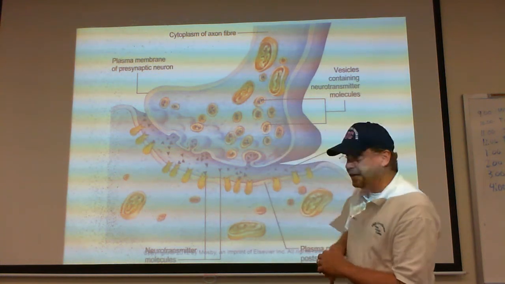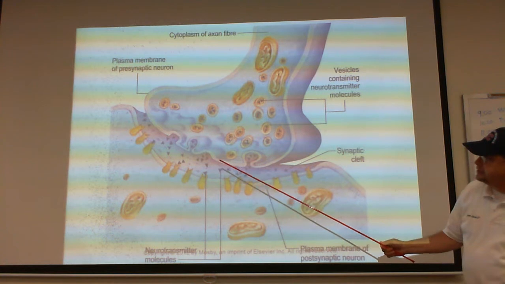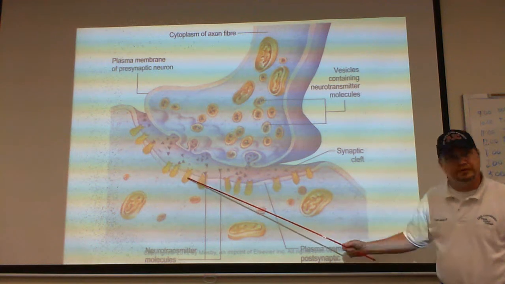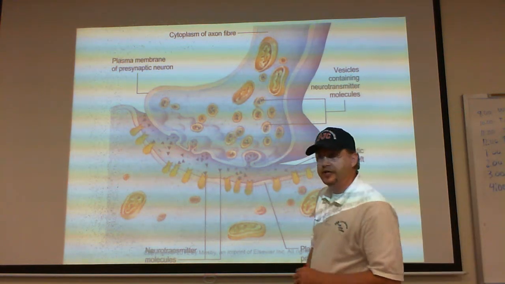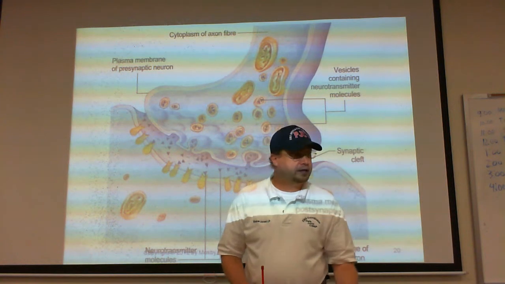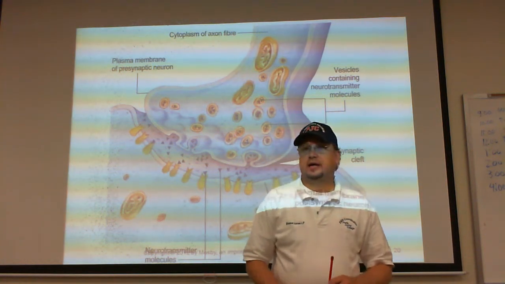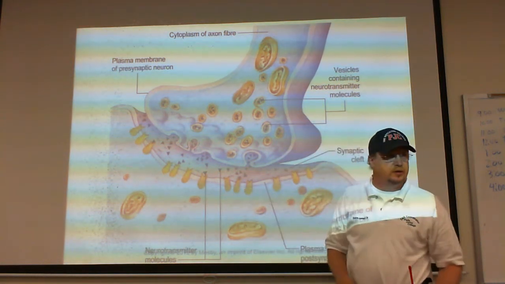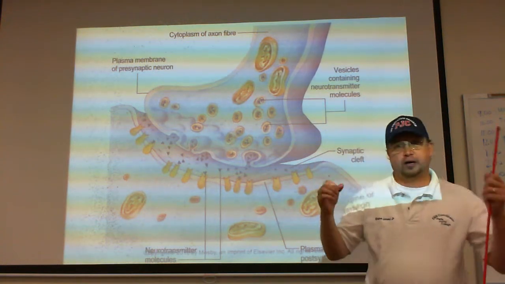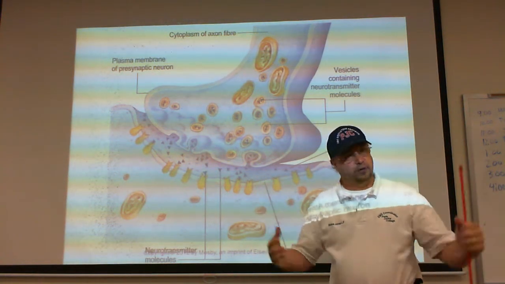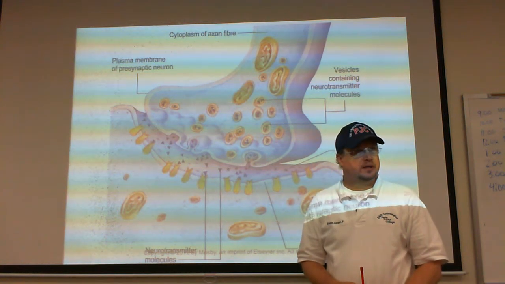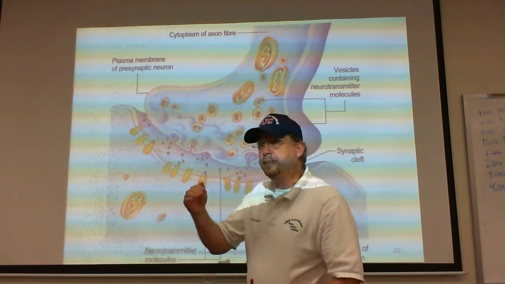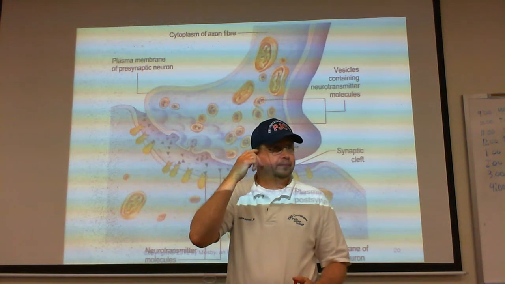You will have a release of norepinephrine in that area, and it would cross the synapse here and attach to which receptors? A1. Those will be alpha 1 receptors. That's correct. And as the norepinephrine attaches to the alpha 1 receptors, that would cause the smooth muscles in the vasculature, like the vasculature in the skin, to constrict. And by constricting, it would do what to your blood? It would shunt it away from the skin to the core of the body, to the vital organs. It would help maintain your blood pressure if your blood pressure began to drop.